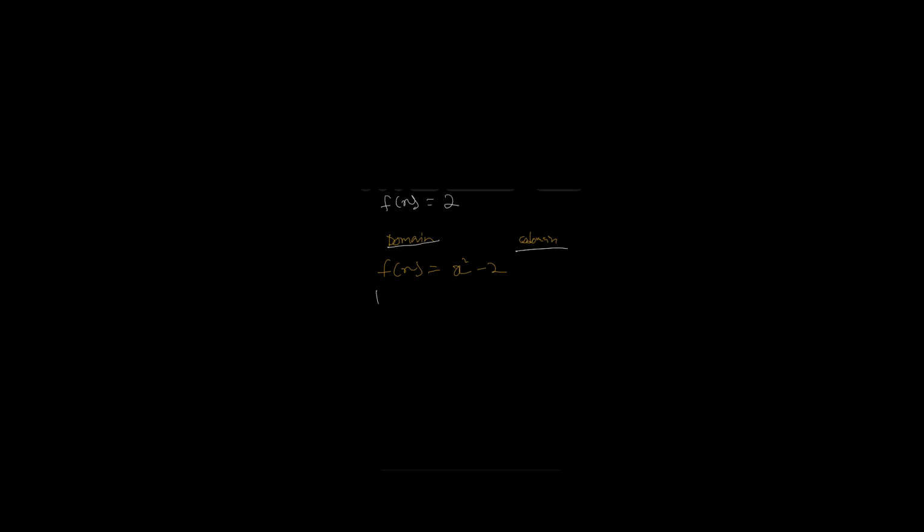The domain is the set of values that you can plug into the function, the set of values that you can feed into the function. Then the codomain is the set of values that the function can output. The domain is what is plugged in, and the codomain is what it returns.